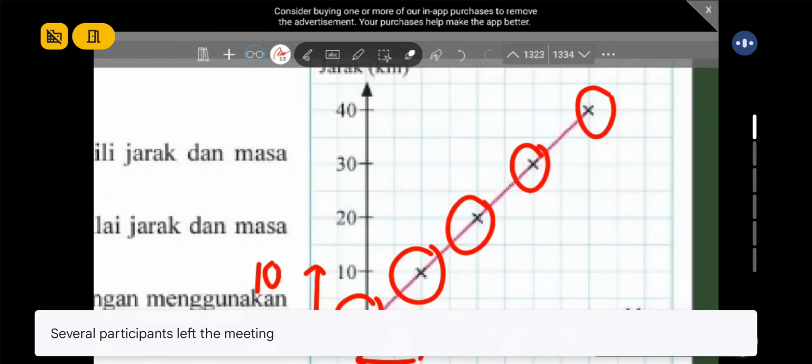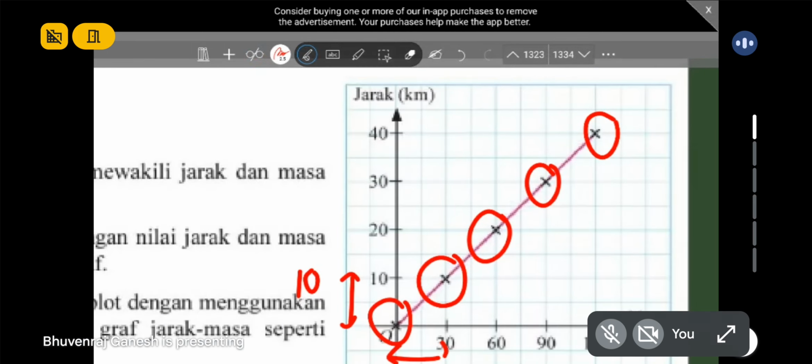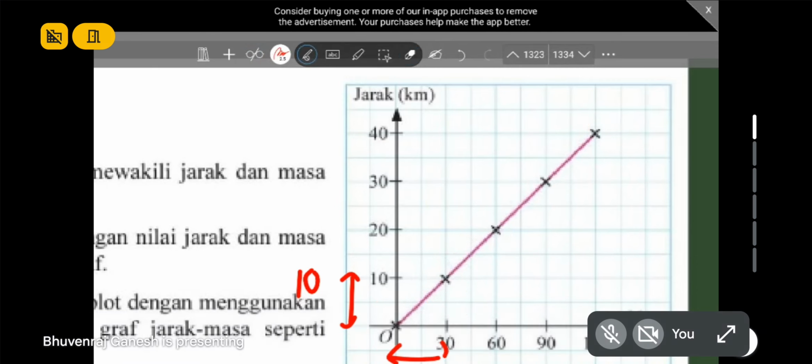So guys, based on this graph, can you all tell me what is the speed over here? Apa laju dia? Kamu boleh kira. How to find the speed? Any answer?